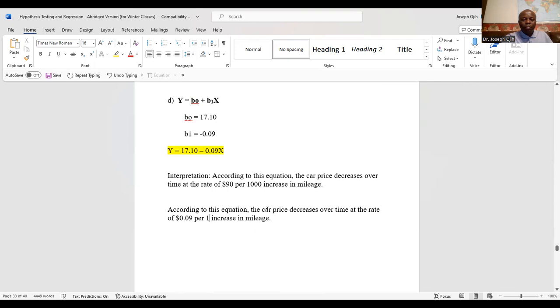Now, both of them are correct. But remember that mileage we say in thousand. That's why I move it to thousand. So both ways are correct.